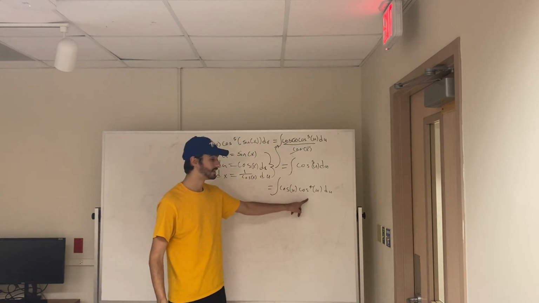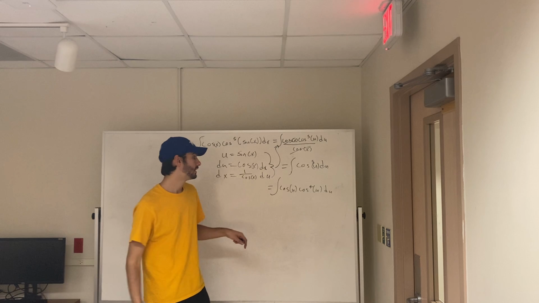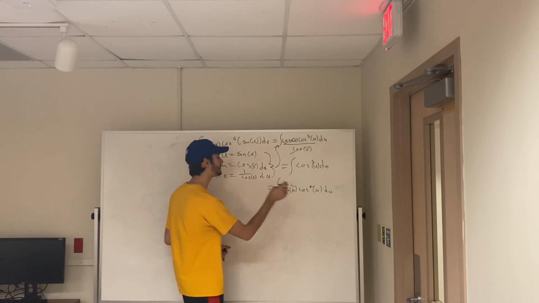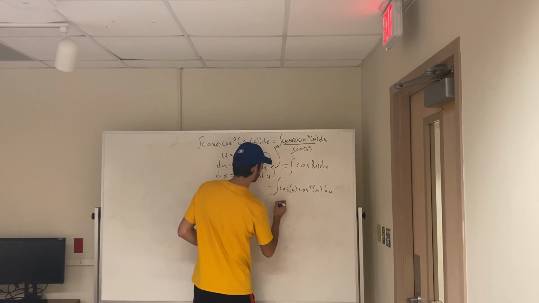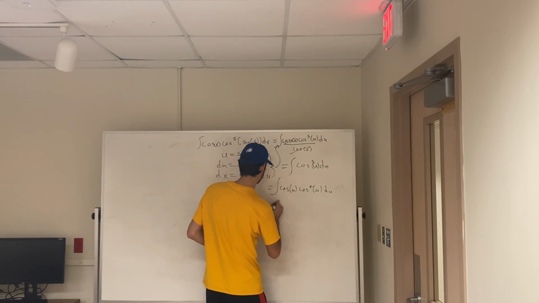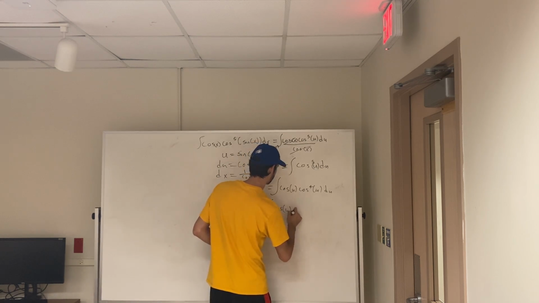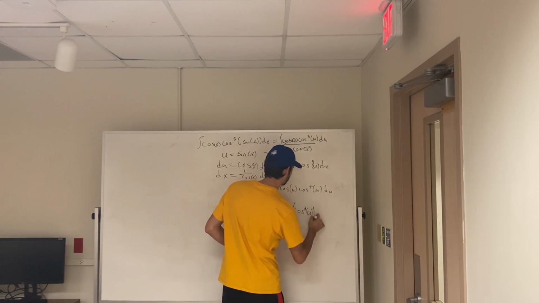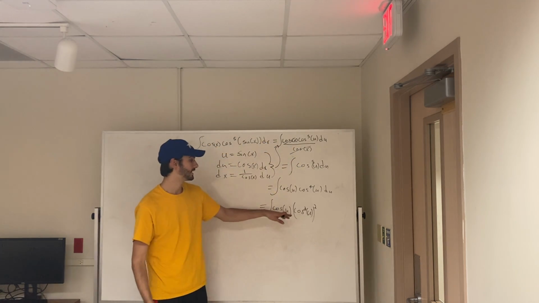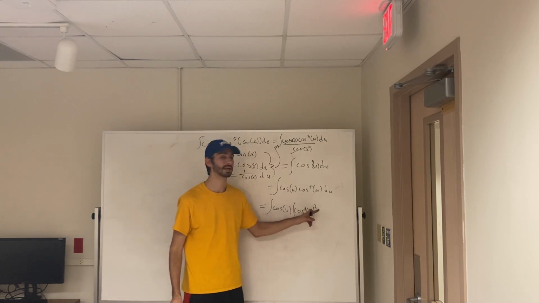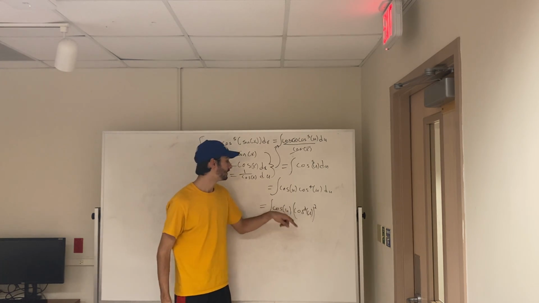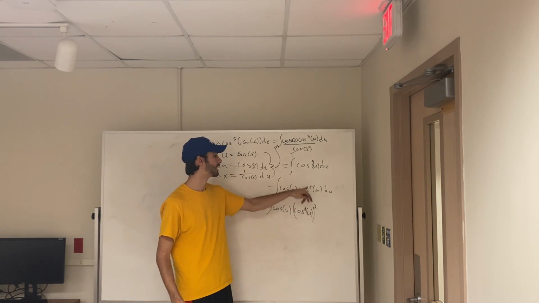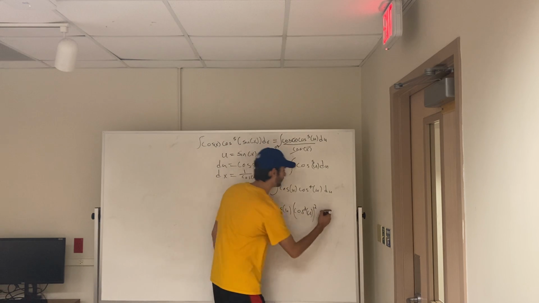Now we have this right here, and basically we can factor this. And you might ask, how can we factor this? Well, let's do cosine of u times cosine squared u, squared. I just factored it. So basically, you just have to pull out the exponent and square it so that you can have the cosine times itself, which will give you cosine to the power of 4 u, and then du.